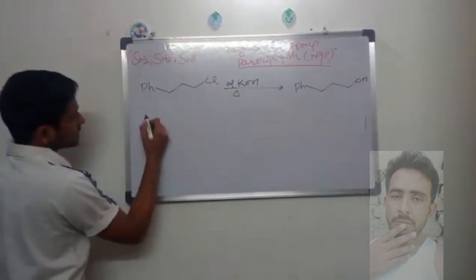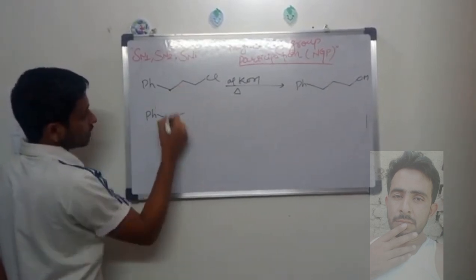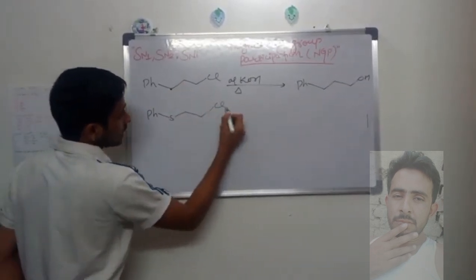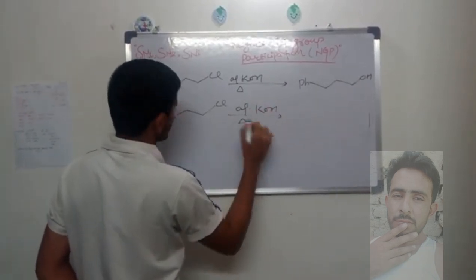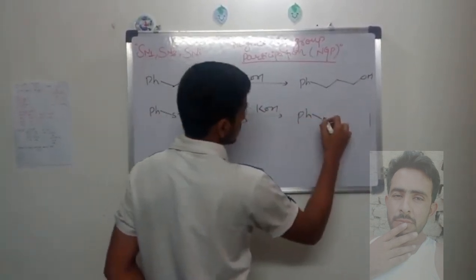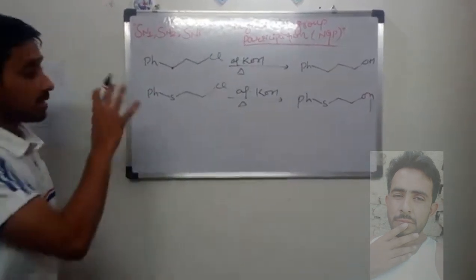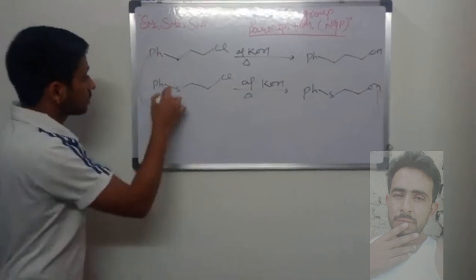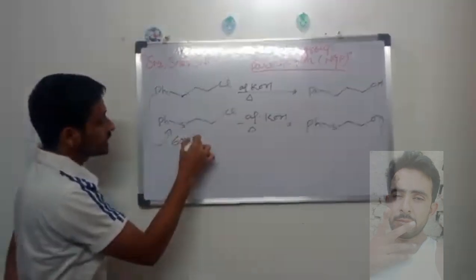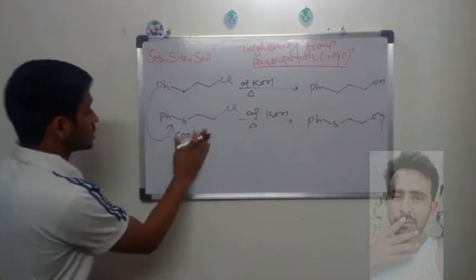In the second case we have taken an example where one CH2 I have replaced by a sulfur atom. Again I have added aqueous KOH and heated this reaction, then the product will be the same as that of the SN2 reaction. But one very interesting thing about this reaction is that its rate is 600 times greater than the initial normal SN2 reaction.